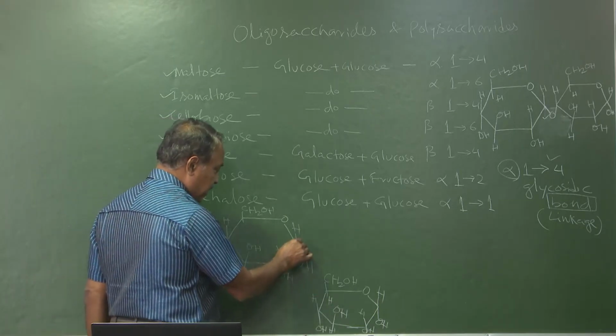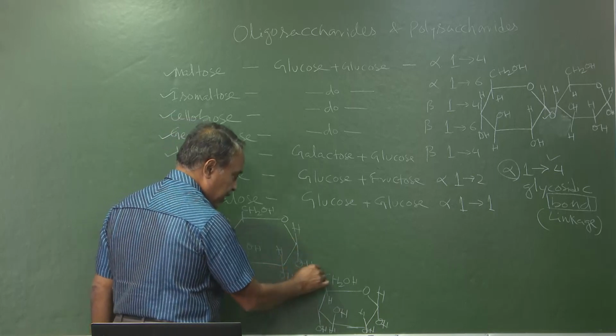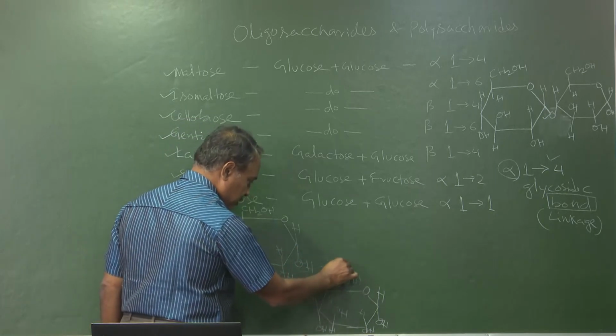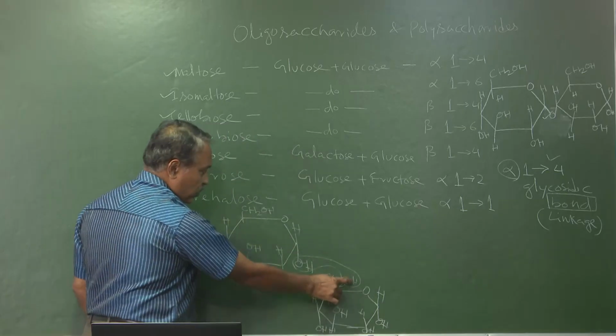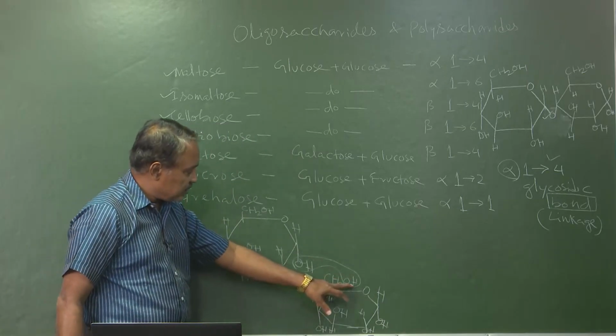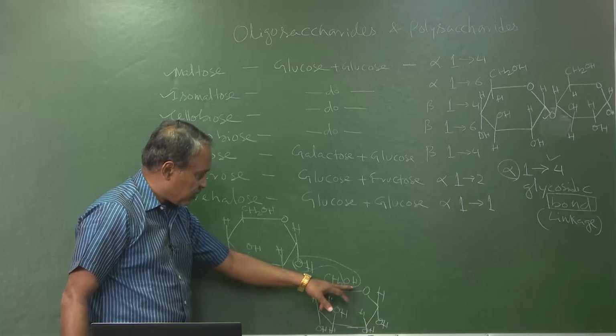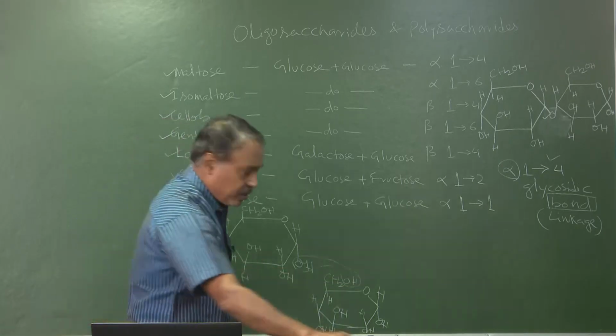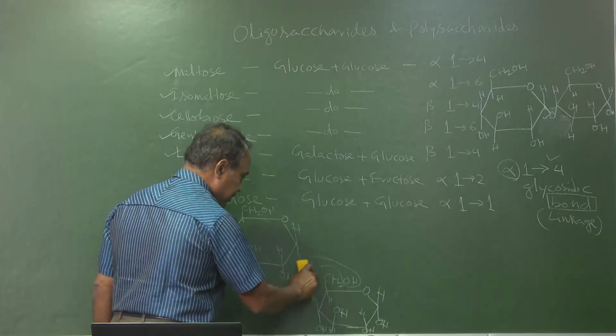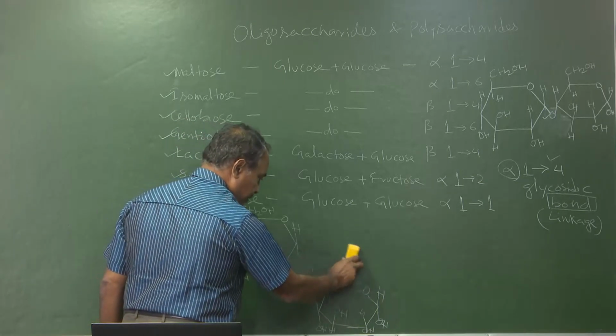Now this is the first carbon atom hydroxyl group, and this is the sixth carbon atom hydroxyl group of the second one, which is the CH2OH group. So this hydroxyl group and this hydroxyl group will react, and we will find it like this.